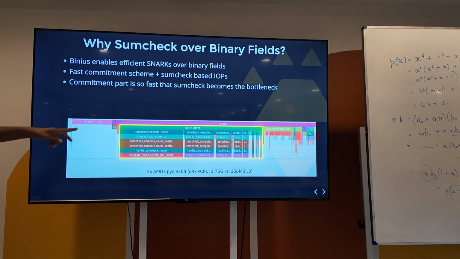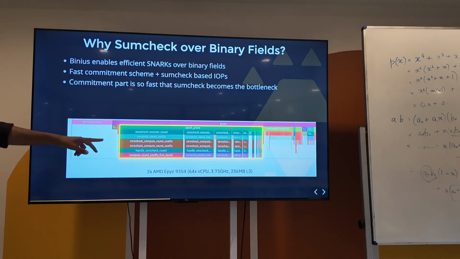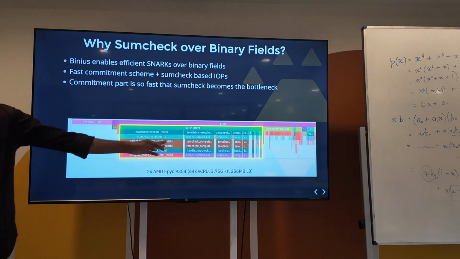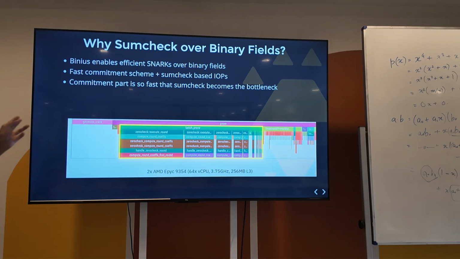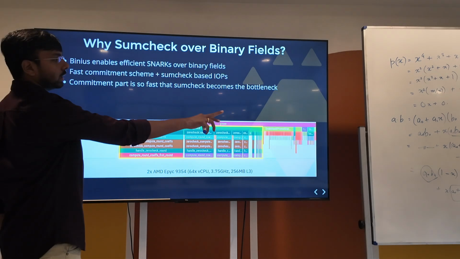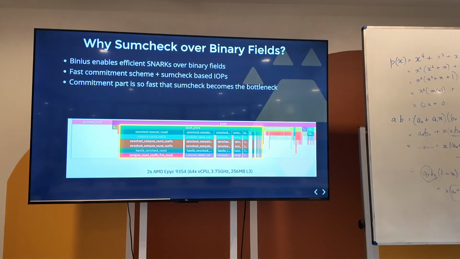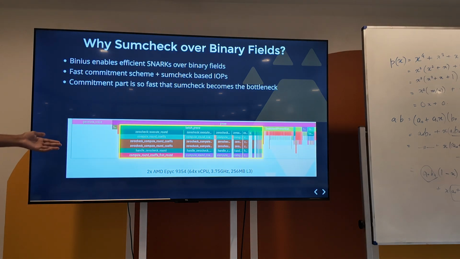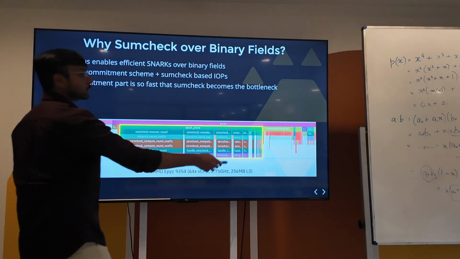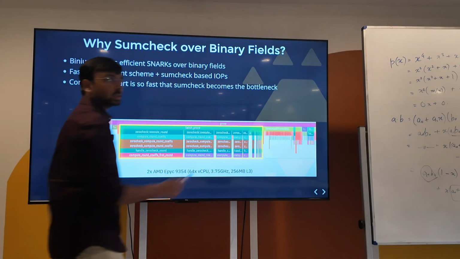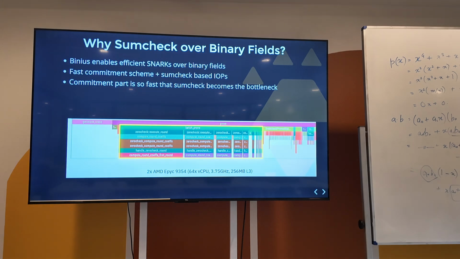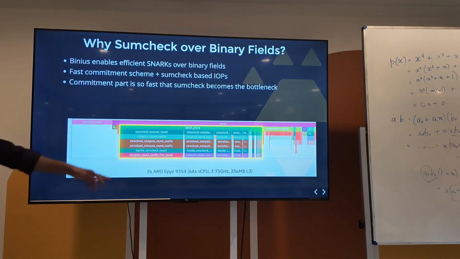You can see this batch proof is basically a sumcheck, or specifically it's a zero check, and it's almost 70 to 80% of your total prover runtime. This yellow box is the sumcheck part, and the rest of it is the commitment scheme part. So therefore, sumcheck now becomes the new bottleneck. You made the commitment scheme so much faster that sumcheck becomes the dominant cost.